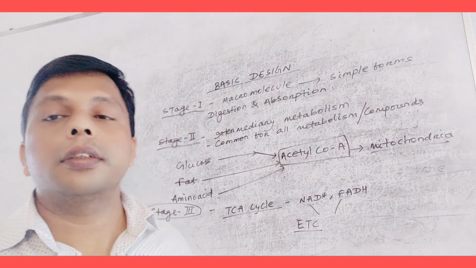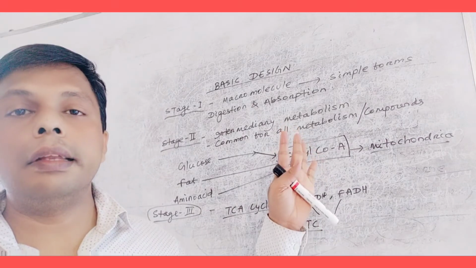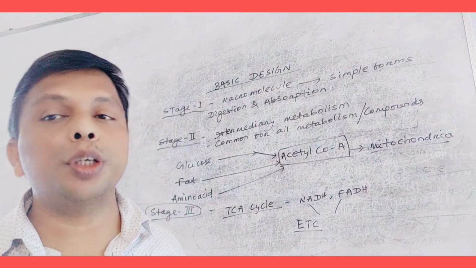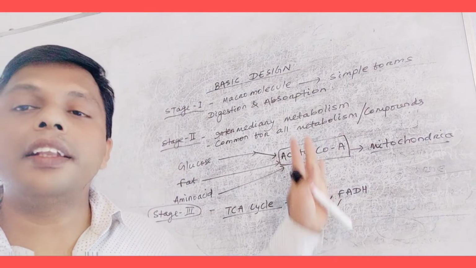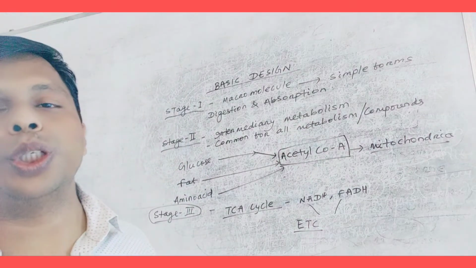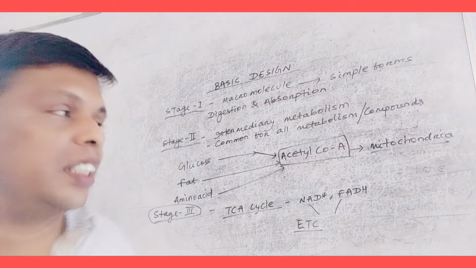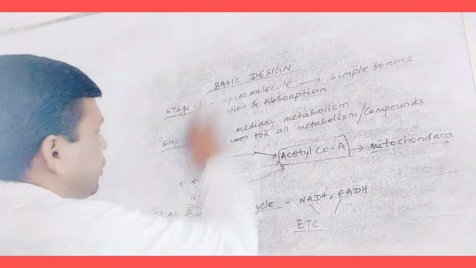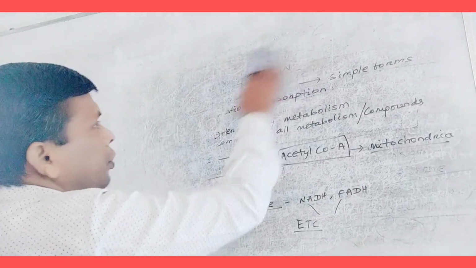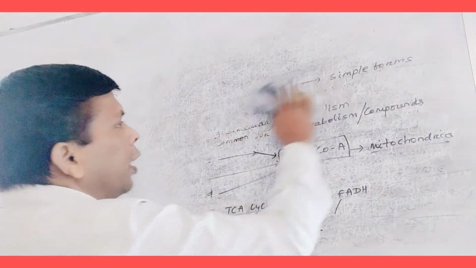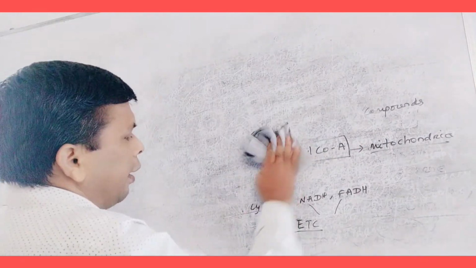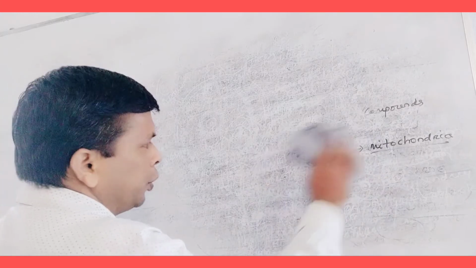Now, we will discuss the stages of catabolism and the stages of anabolism. Like the basic design, catabolism and anabolism also consist of 3 basic stages: stage 1, stage 2, stage 3. Let us discuss what is happening in them. Equivalent to the basic design, we will compare the catabolism process with anabolism.